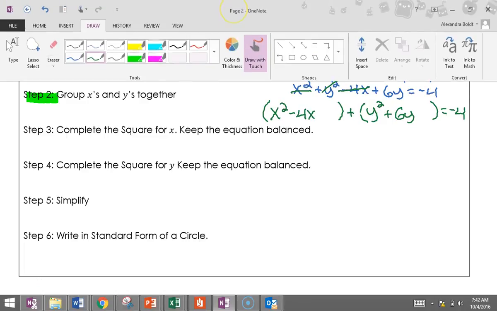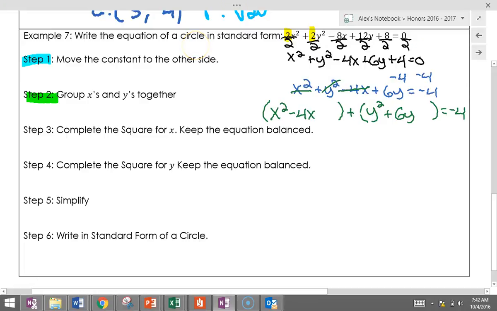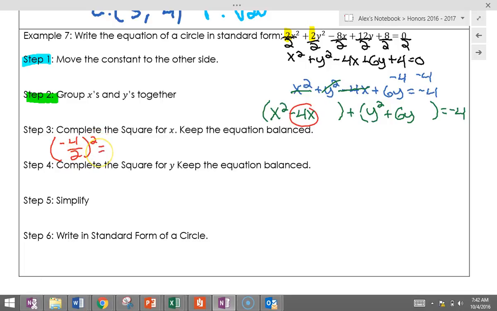So step 3, complete the square for x. I'm taking this number, -4, over 2 squared. -4 divided by 2 is -2 squared, which equals 4.